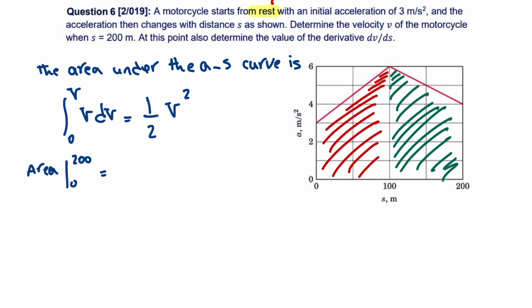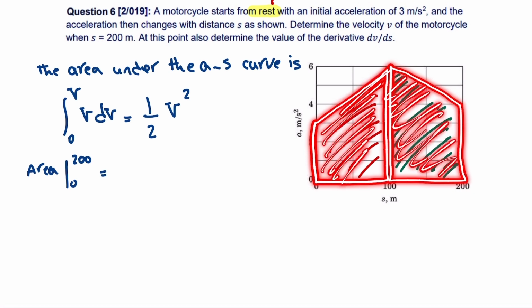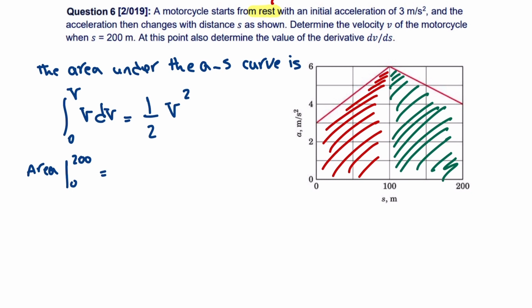There are many ways to calculate this area, but as you can see here, you can calculate these two areas and add them together to find the whole area, right? In order to find the area of this shape, you need to write like this: 3 plus 6 over 2 times 100.